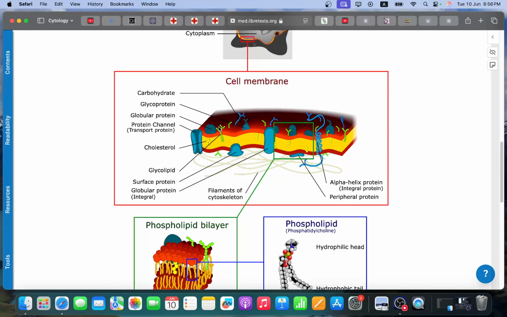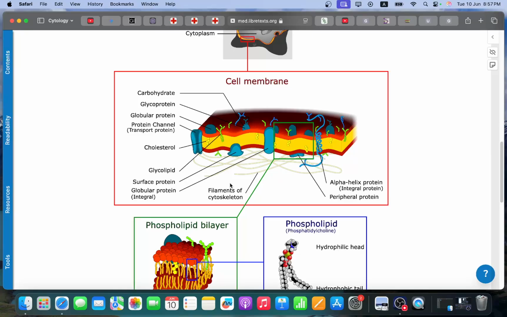Globular proteins, protein channels transport, cholesterol, glycolipids. These are direct glycolipids. Okay, surface proteins, globular proteins. Globular proteins are as opposed to protein channels. No, protein channels are also letting things in, but globular proteins probably take energy, ATP, to get through.